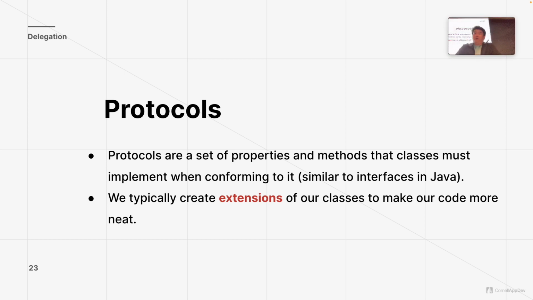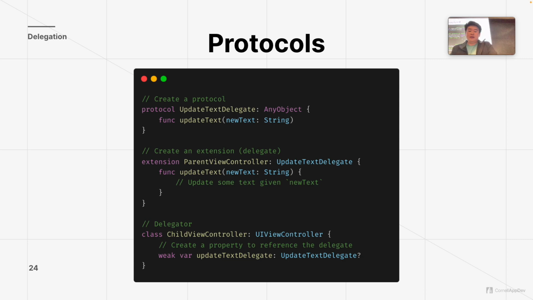So typically when we want to implement a protocol, we extend a class using an extension. And this extension is a keyword that makes our code more neat. You can directly implement it by treating it as a subclass, but it's often neater to use it as an extension. So there's an example in the next slide here.